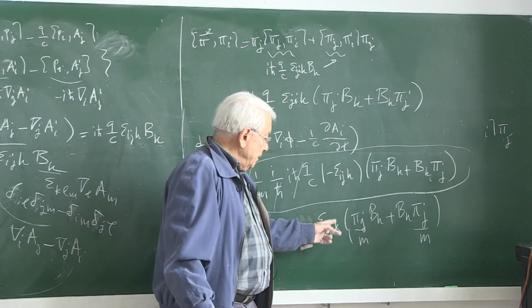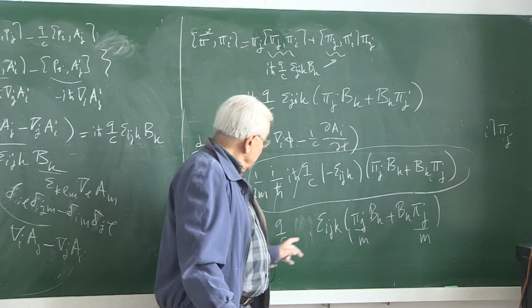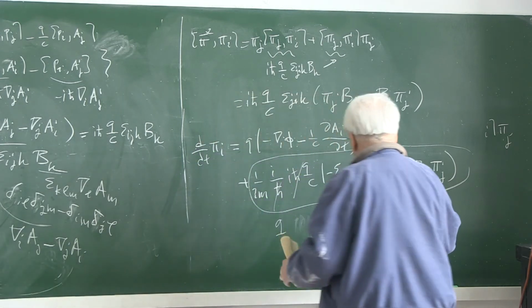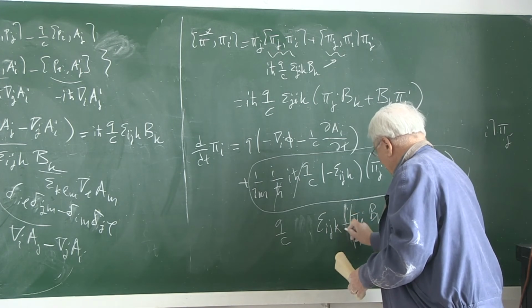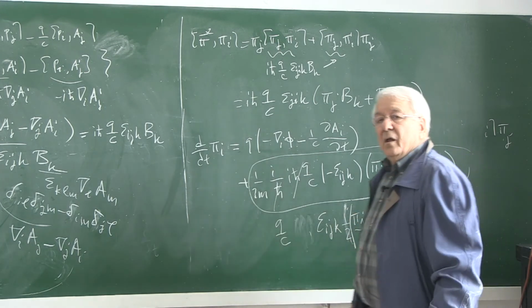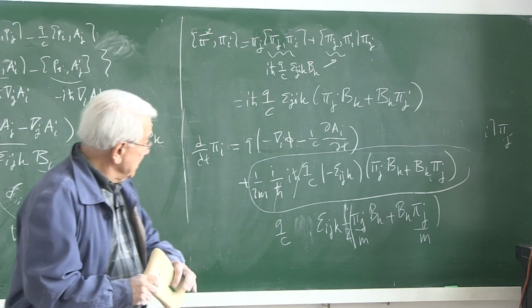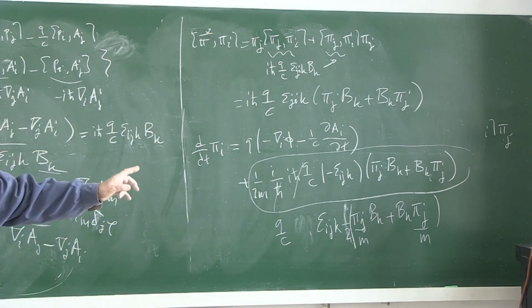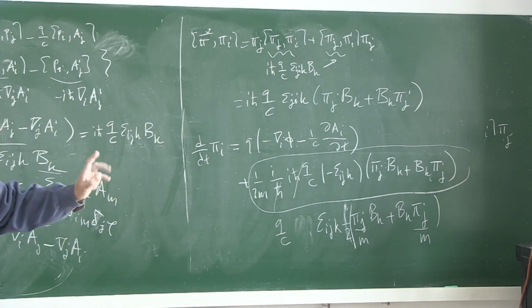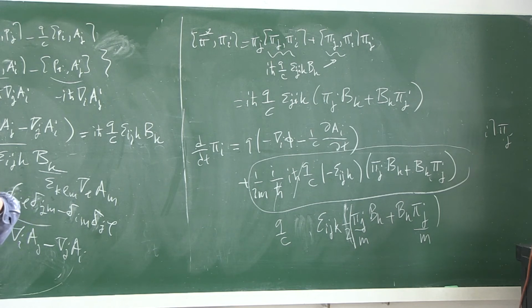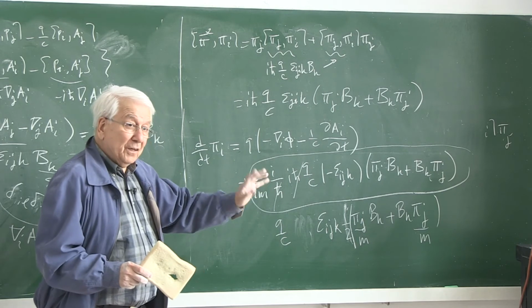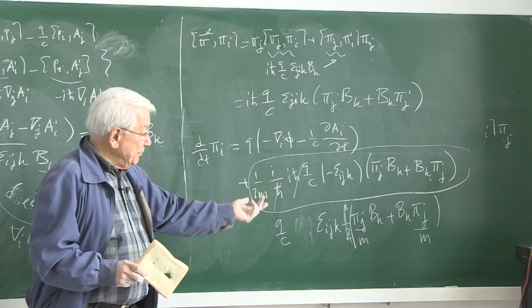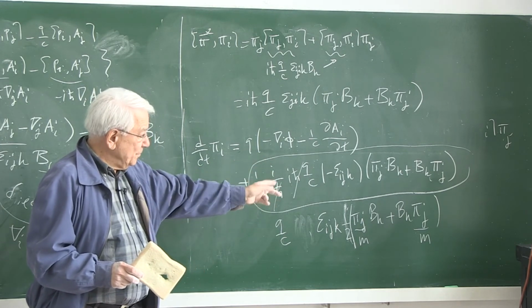It is like pi or v cross b. There is a 1 over 2. Let me not forget the 1 over 2. That's a tremendous mistake. It is really epsilon ijk v cross b. But because of the operator ordering, I have written them first on the left and then on the right.